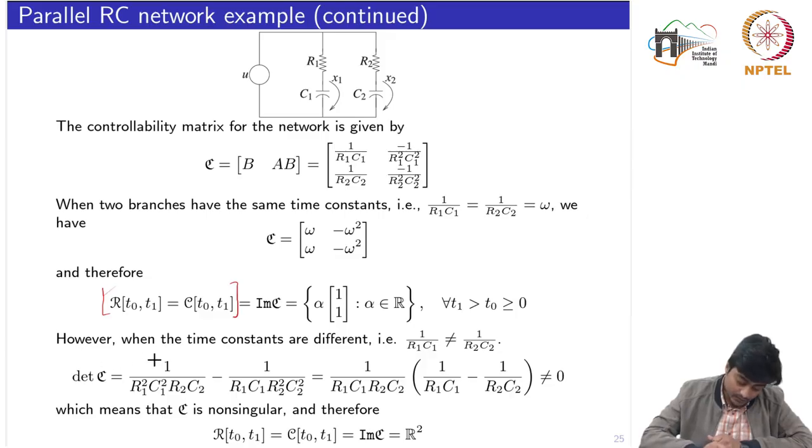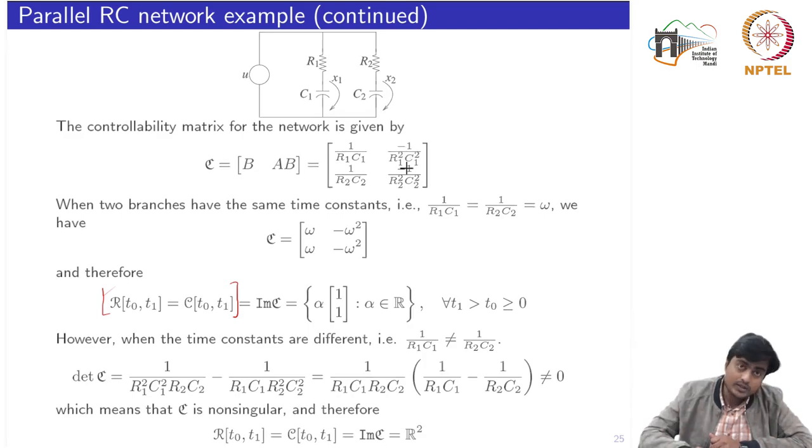However, when the time constants are different, 1 by R1C1 is not equal to 1 by R2C2, we had seen earlier that the system is completely controllable and reachable. Why? Because both the subspaces were equal to R square. Now if I compute the determinant of this matrix, we would see that the determinant is not equal to 0. Right? So the image of C is the complete space.